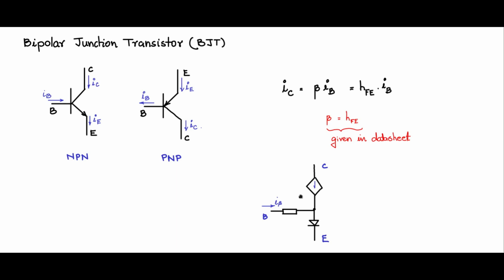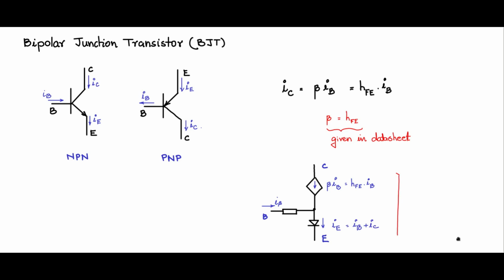and if an IB flows like this, collector current IC also flows in this direction as shown here, and the collector current IC is equal to beta times IB, which is equal to HFE times IB. This is the relationship, and IE is the summation of these two currents, which is equal to IB plus IC.